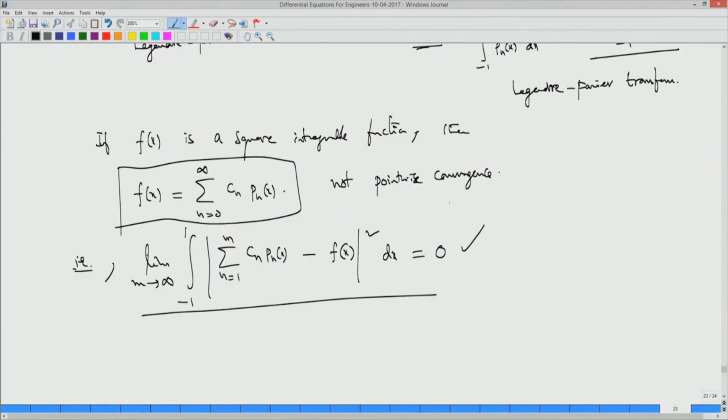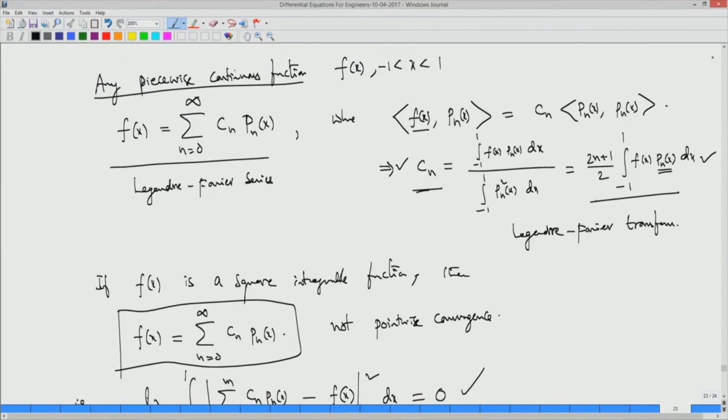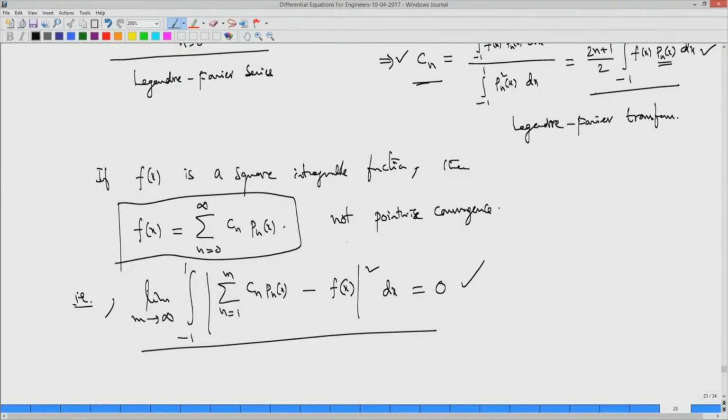So that is why you learn only piecewise continuous functions, you can have this Fourier series with pointwise convergence, but square integrable convergence is this one. This is the meaning of square integrable convergence.